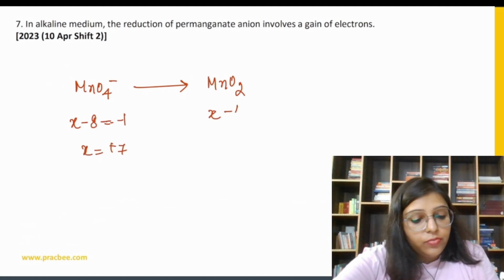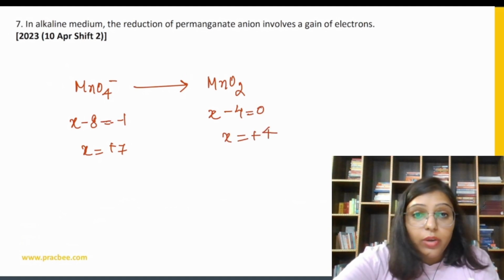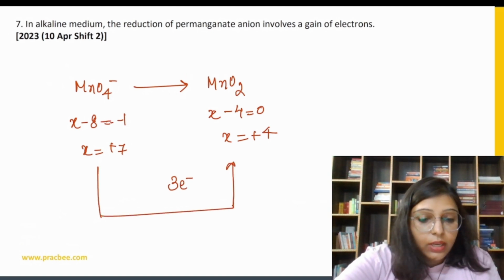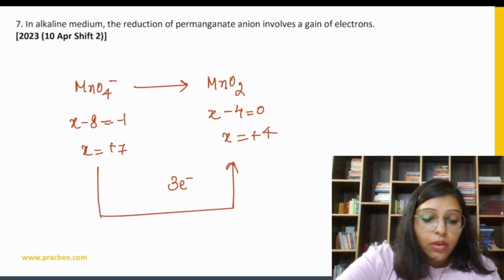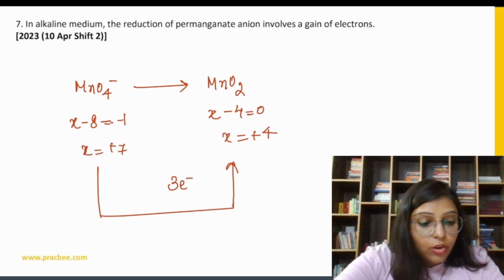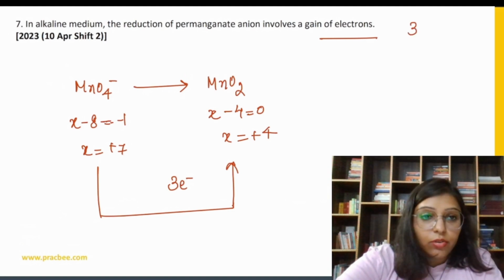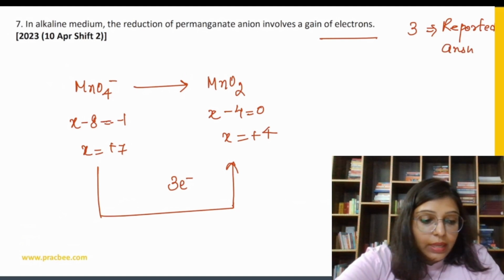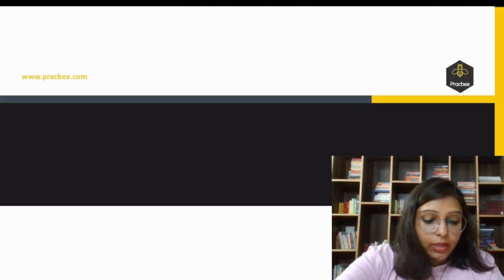And x minus 4 is equal to 0, so x is equal to +4. So it gains how many electrons? 3 electrons. There is a change of 3 electrons. So in alkaline medium, the reduction of permanganate anion involves a gain of 3 electrons. So the answer is going to be 3. That's it. Let's do the next question.